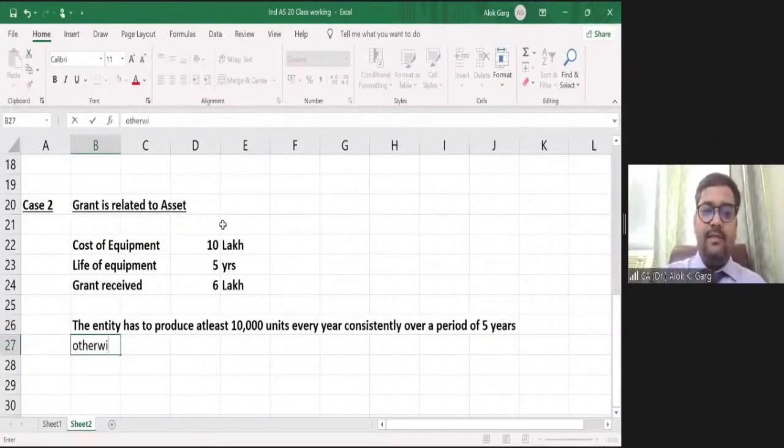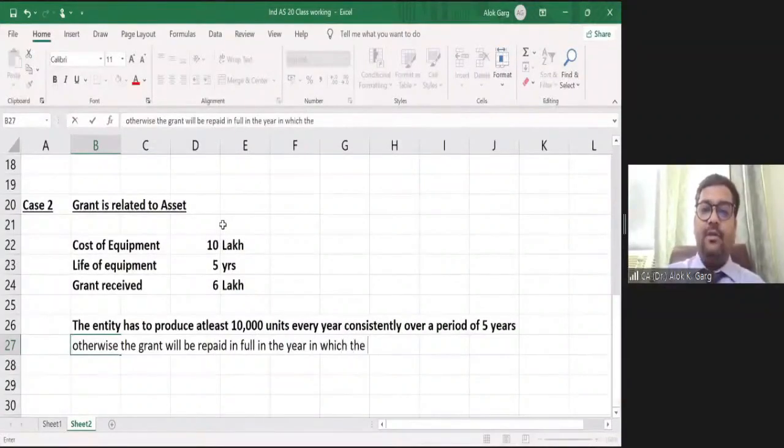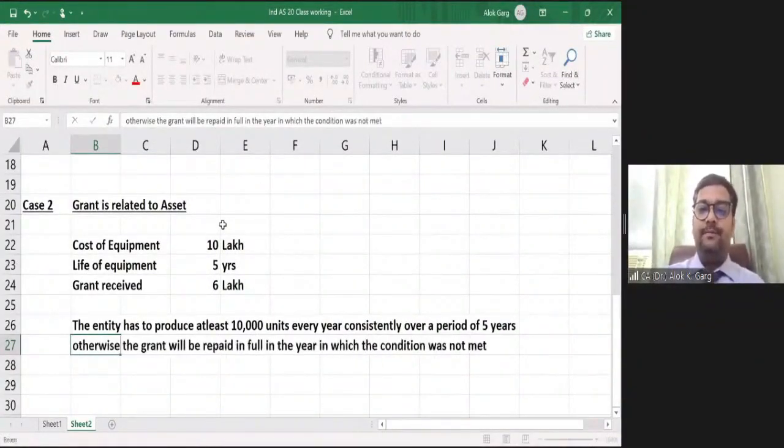Otherwise the grant will be repaid in full in the year in which the condition was not met.